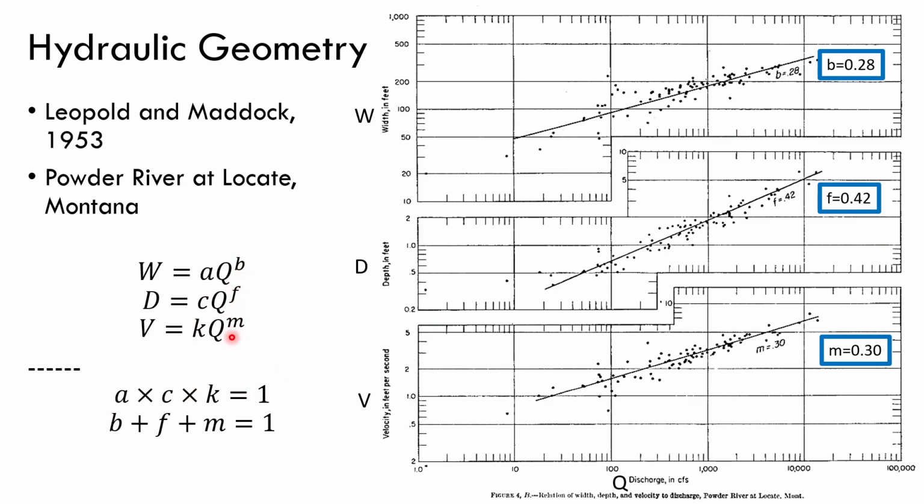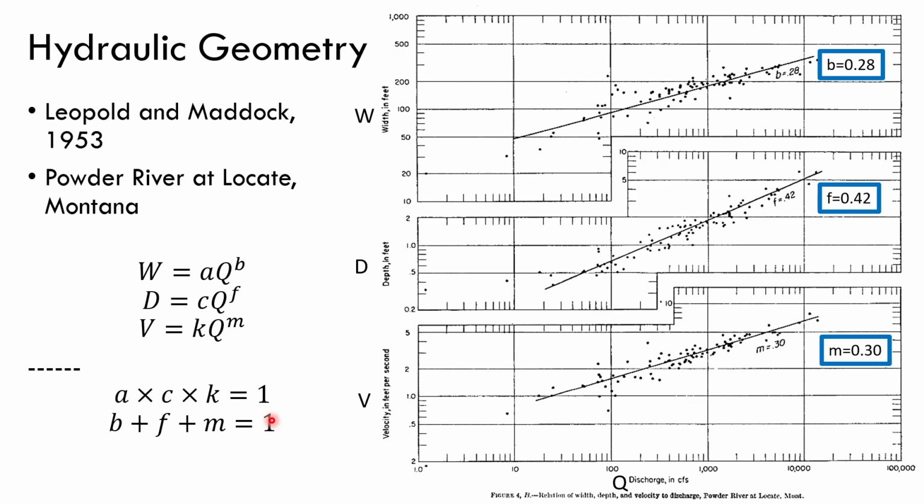And then the exponents, b, f, and m, if you add those together, they should roughly equal 1. So this is an interesting quirk of this way of analyzing how rivers are going to change over time, that the exponents should add up to 1 and the intercepts multiplied together should equal 1.